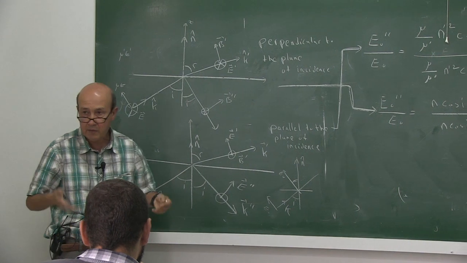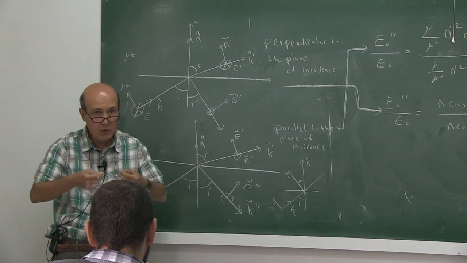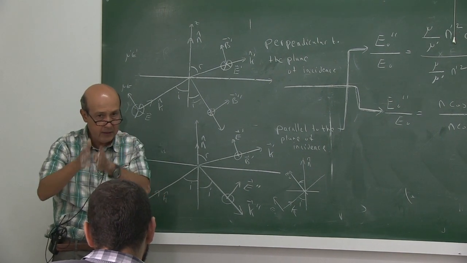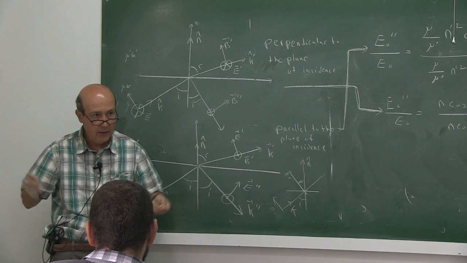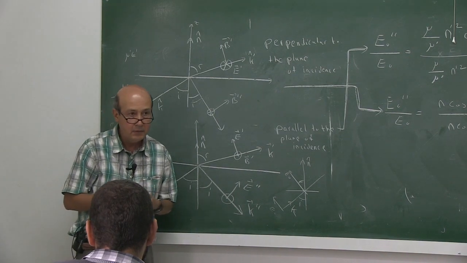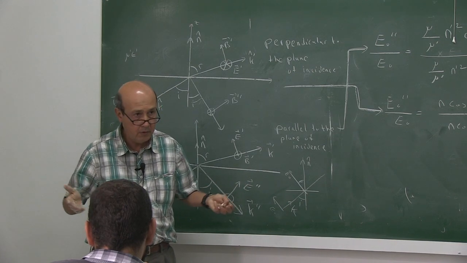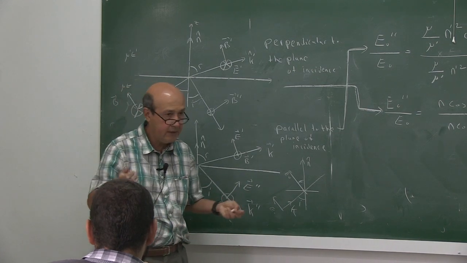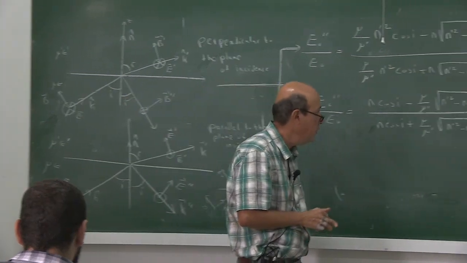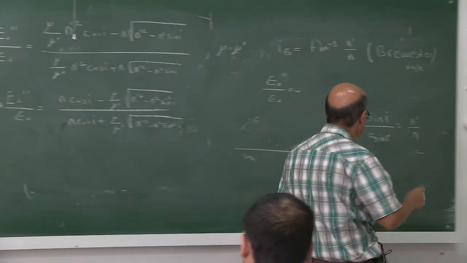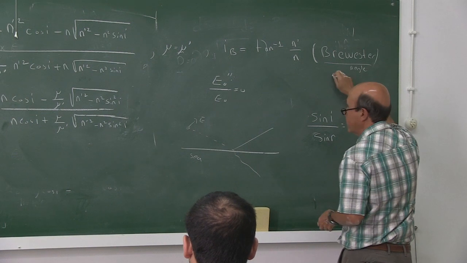The reflected one will be purely polarized. Then you can use the polarization grating in the eyeglasses, and you can reduce the scattering reflection to zero. So that Brewster angle is very important.